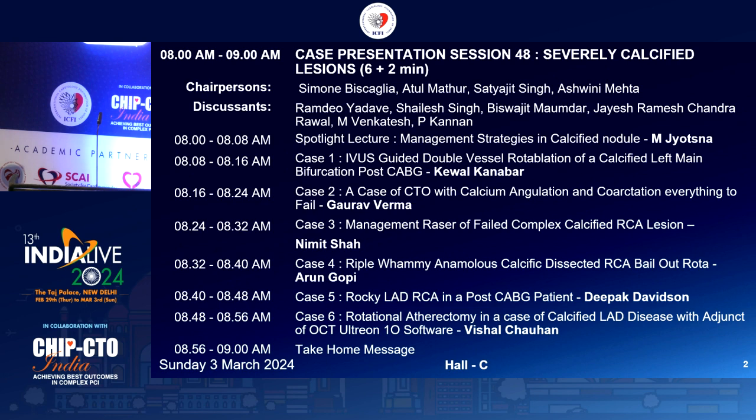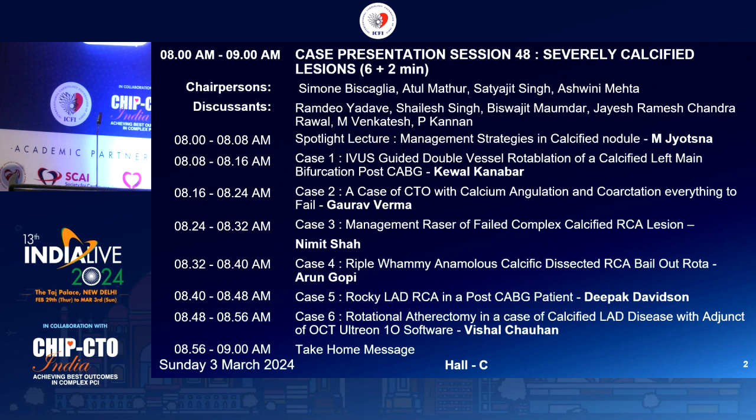Well, we all know that handling a calcified vessel PCI has its own tips and tricks. A lot of difficulties we faced in the cath lab. Most of the times, if we don't plan well, the procedure takes unexpected directions.